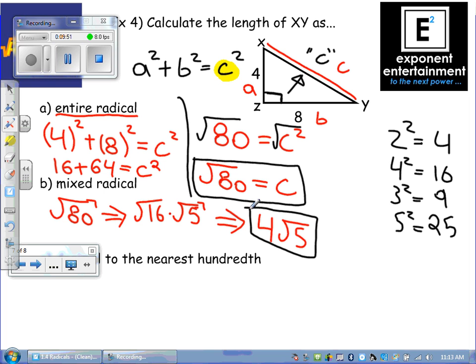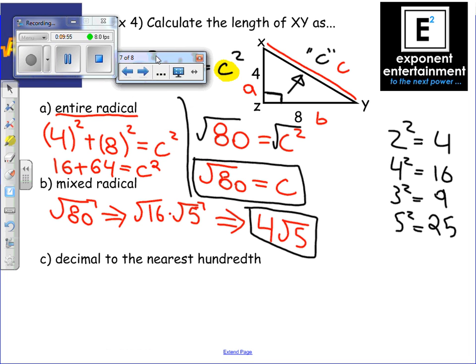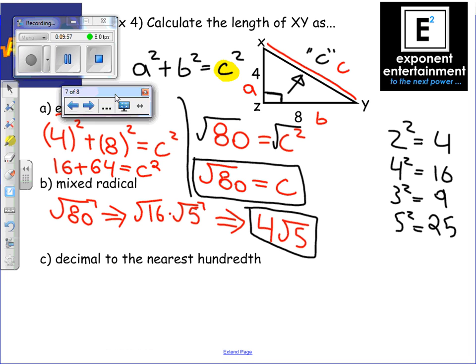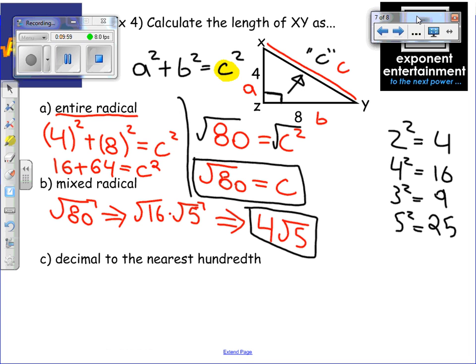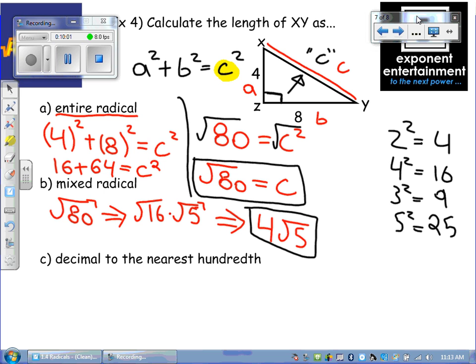Any questions on how we did that? Now, C is saying decimal to the nearest side. Question: didn't you say there's always a 2 there, even if there's no number? The 2 that's always here, you're talking about right here, right? That's your index. That's not a coefficient, it's your index.